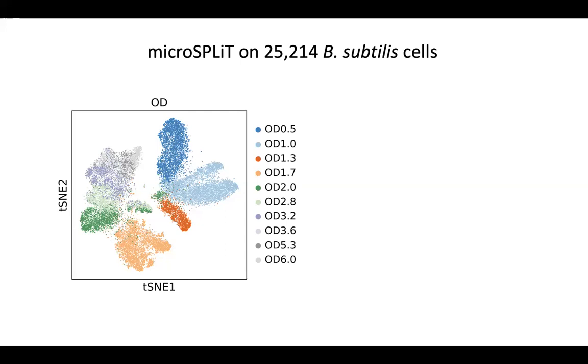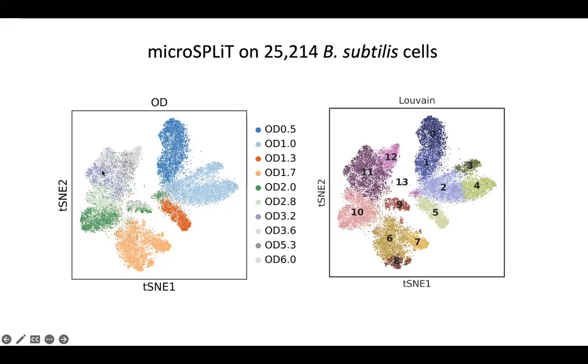You can probably see that mostly the cells cluster according to the optical density sample identity, and they go clockwise from the 0.5, this blue cluster over there, all the way to OD 6.